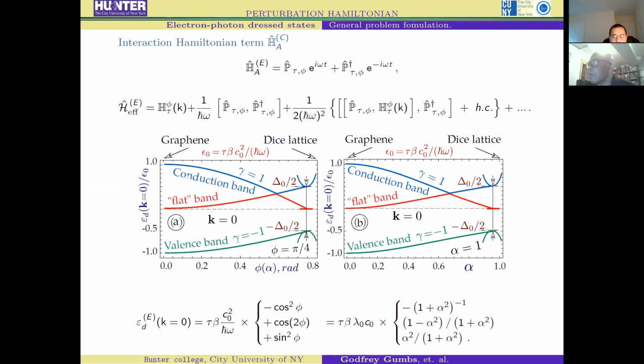Okay, now at k equal to 0, it's kind of interesting in the sense that we have the conduction and the valence bands. There is a gap between the two. So this clearly shows that there's an energy gap. The flat band in the presence of the EM field is no longer flat. It varies, and also it varies with the value of phi, that is the coupling parameter phi.